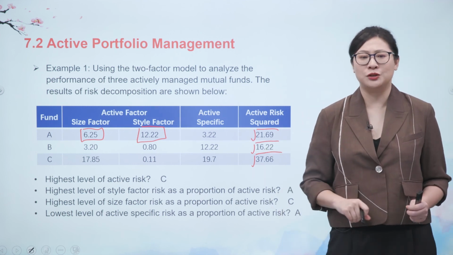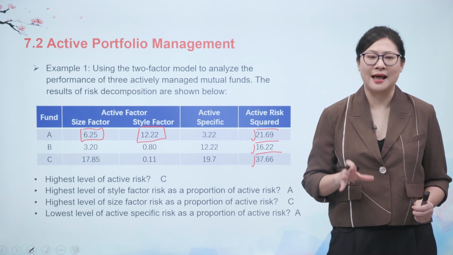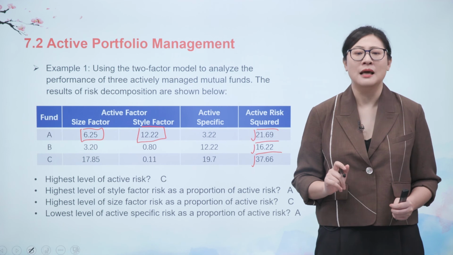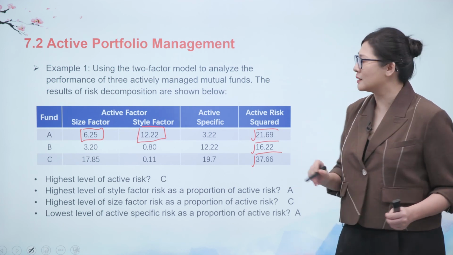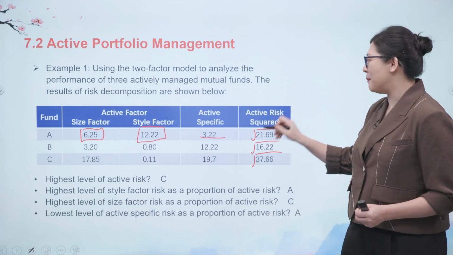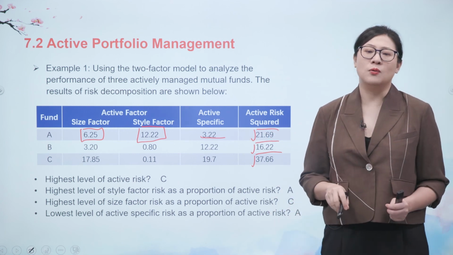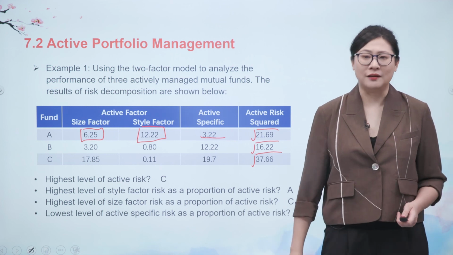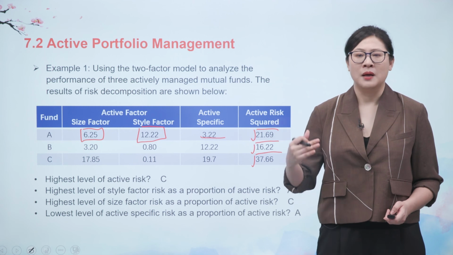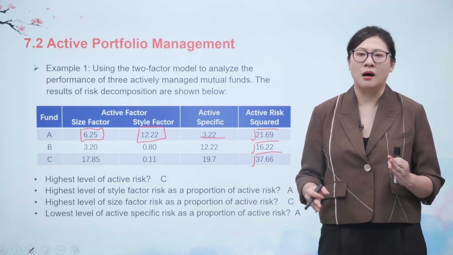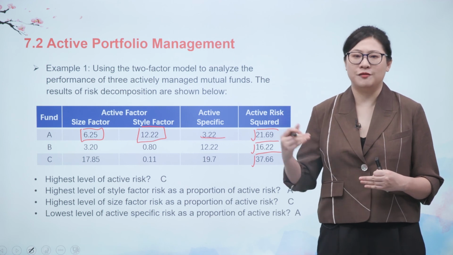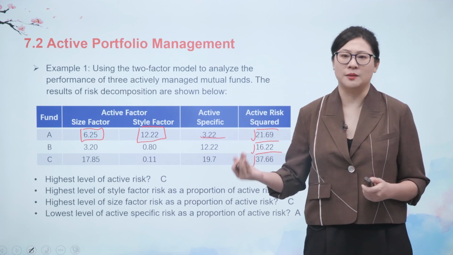And the last question is which fund has the lowest level of active specific risk as a proportion of active risk. You divide the active specific risk by the active risk, and you will find the result is fund A. So that's how we can use the decomposition of the active risk into the active factor risk and the active specific risk.